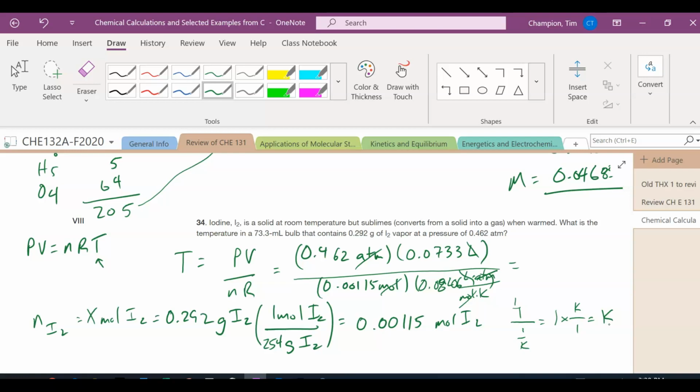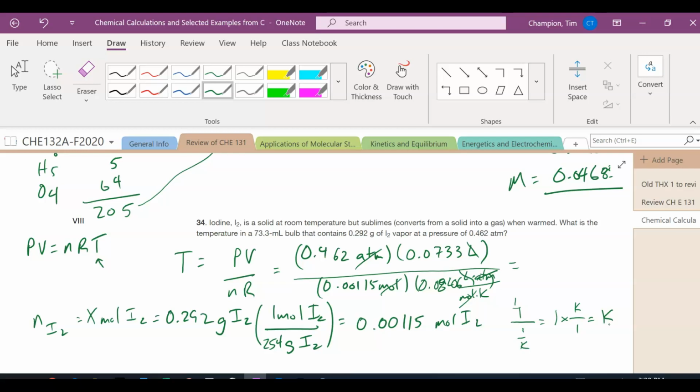All right, so I've got 0.462 times 0.0733. Yeah, I'm not going to estimate that one. Divided by parentheses. All right, I'm going to pull the mole thing in here with the second answer. So that's the 0.00115.